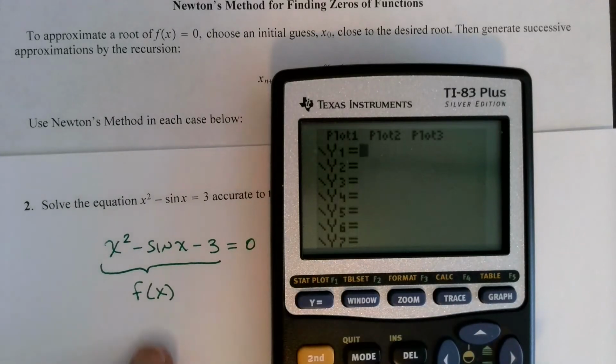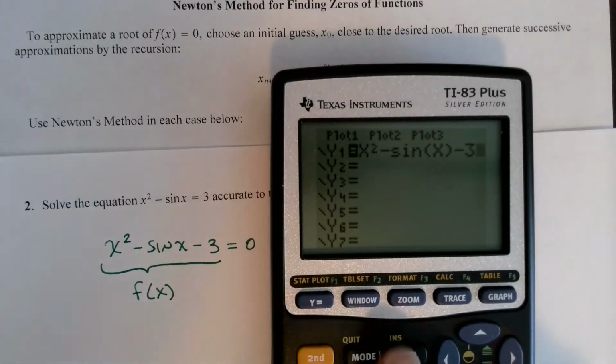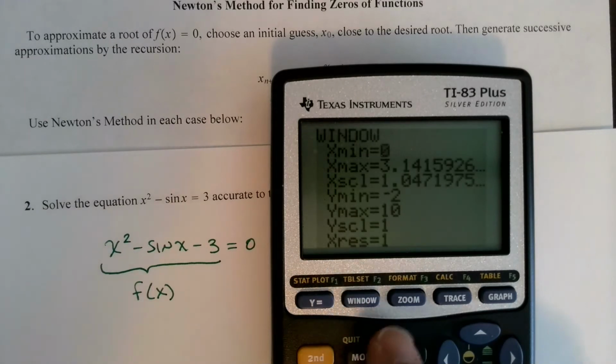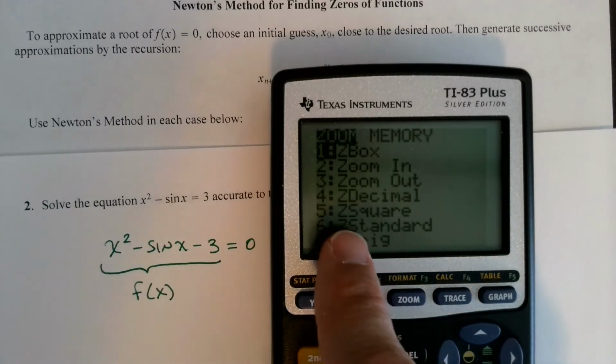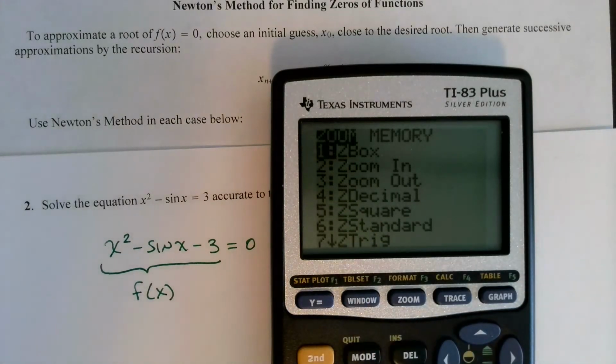And I'm just going to enter in this function. And let's see what window I have to view that in. Let's zoom. Let's just do a decimal zoom window. I think I want to do that.